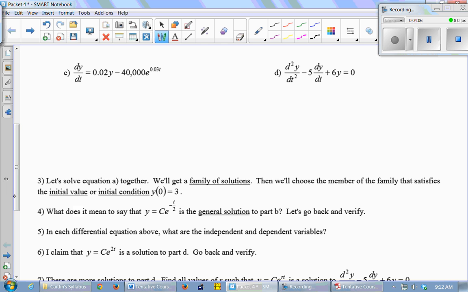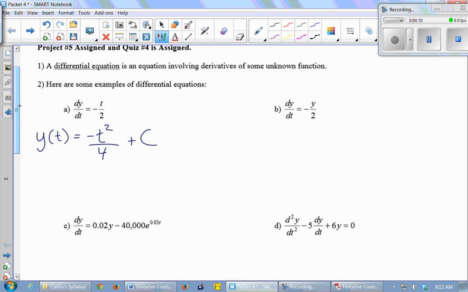All right, so now I want to choose one particular member of that family. I want to find one specific c value that satisfies an initial value or an initial condition that y of 0 has to equal 3. So I say, okay, well, y of 0, if I put a 0 in for t, I get 0 plus c.